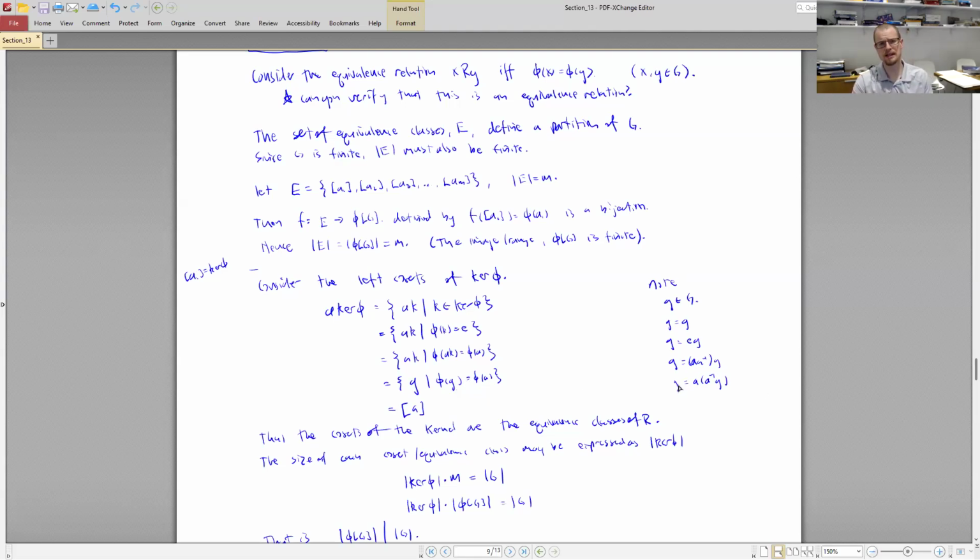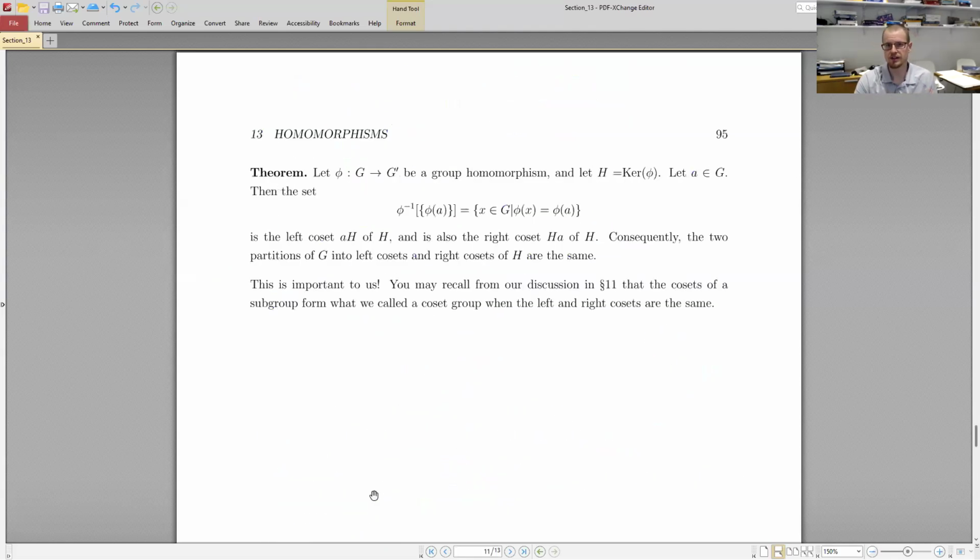You just want to recognize that you can write every element as something times A instead of A times something. That's the only adaptation that you would have to make to get that this is exactly the right coset of H, the right coset of the kernel. So what that means for us is that the left and right cosets are the same.